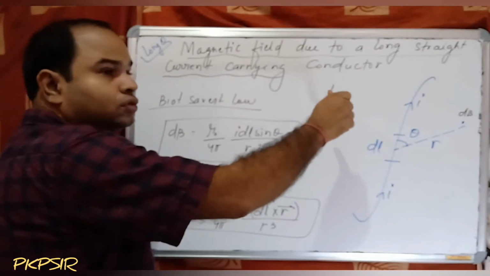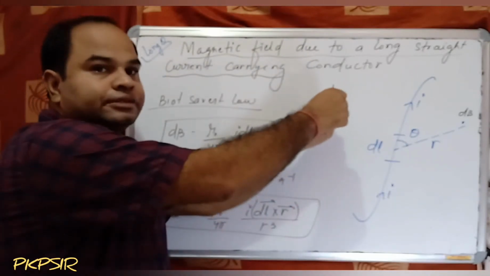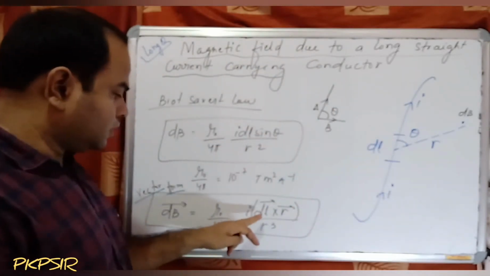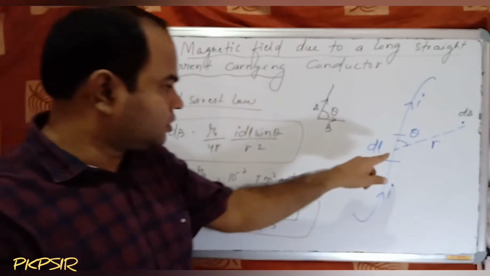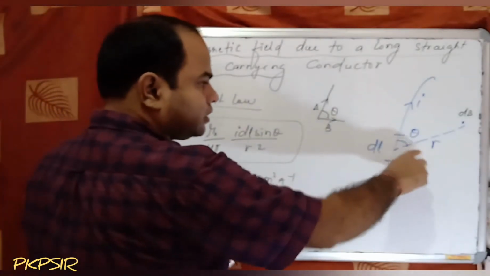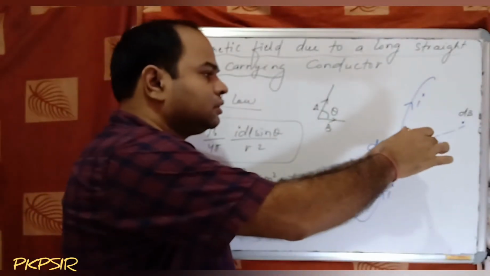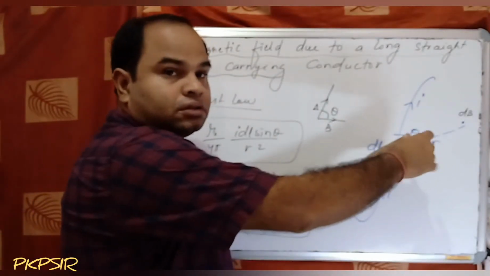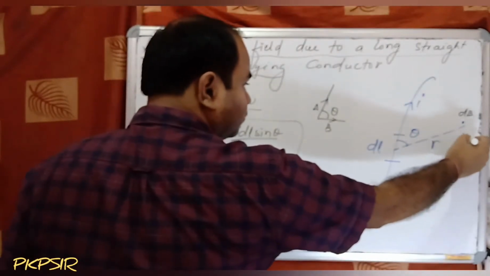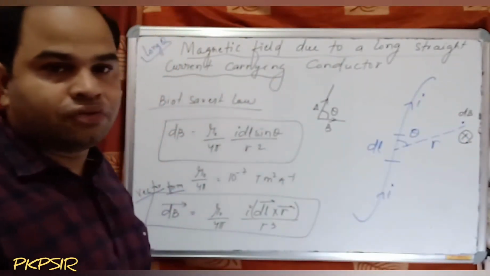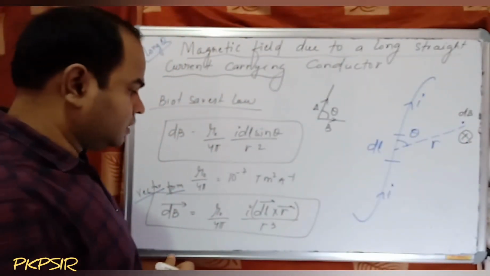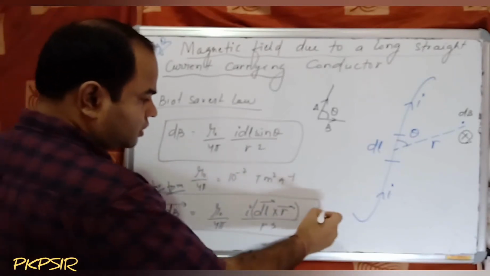Same thing for dl cross r: this is dl and this is r. If we rotate dl to r, the screw is moving inward. So the direction of the small magnetic field produced by the current carrying conductor is inward.